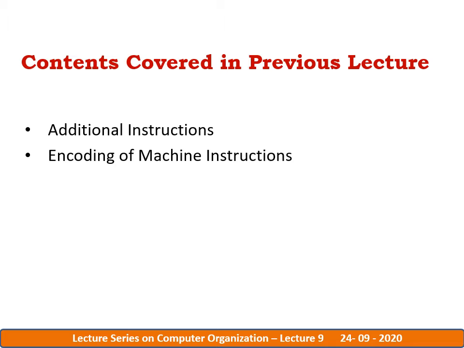With these instructions we have seen some of the encoding of machine instructions. If you are using a one word machine instruction, it requires more information to store in a memory location, and it may overflow the assigned memory address. Then there is the two word instruction, which gives additional memory location to store the data.